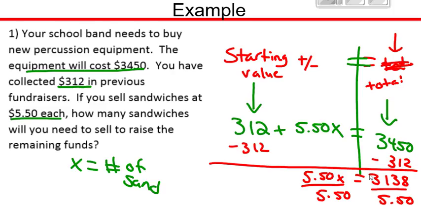Okay, so then these are going to cross out, and my final answer is going to be 570.5, which I'm going to have to round because I can't sell half of a sandwich. So since this is 5 or bigger, I'm going to round up. So I need to sell 571 sandwiches. All right, it seems like a lot, but as we keep doing them, they'll get a little easier, I promise.